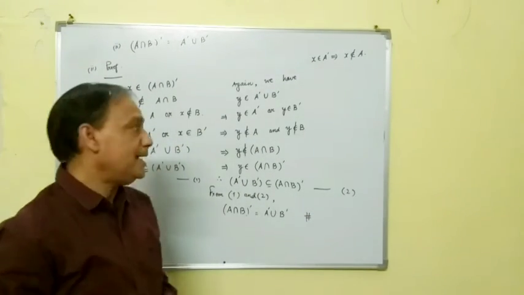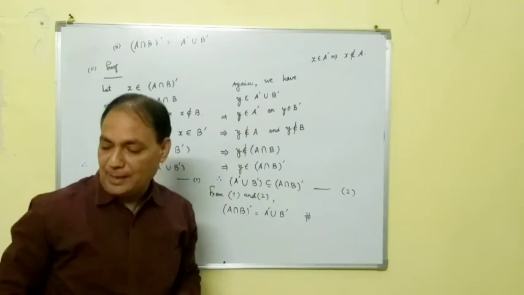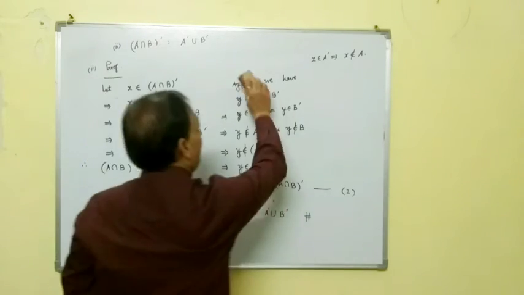We can understand these rules, De Morgan's rules, by an example. So we take an example.